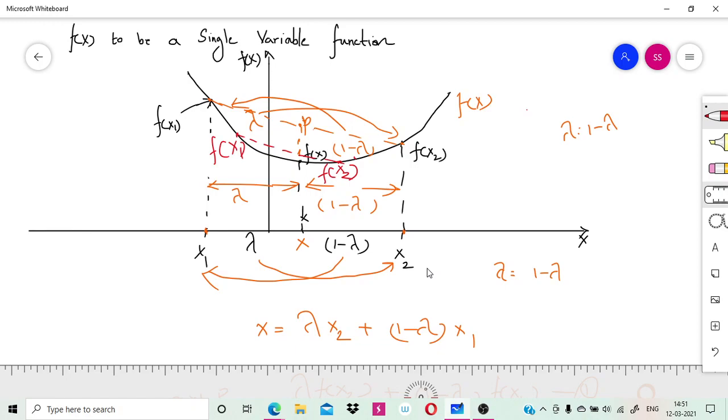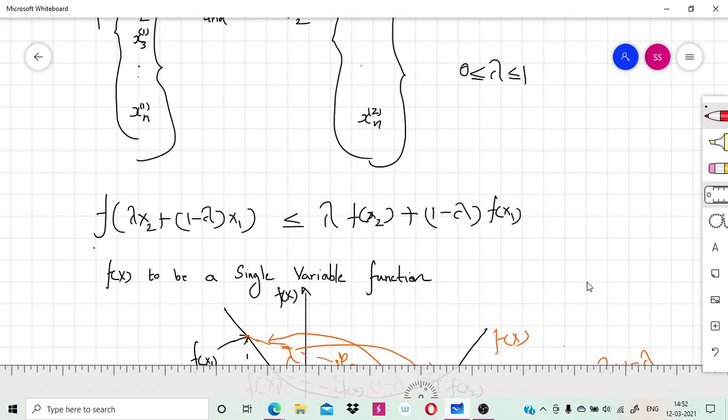If the line joining the 2 points lies above the f of x graph between f of x1 and f of x2, then such a function is known as a convex function. So that is what I mean by this definition.